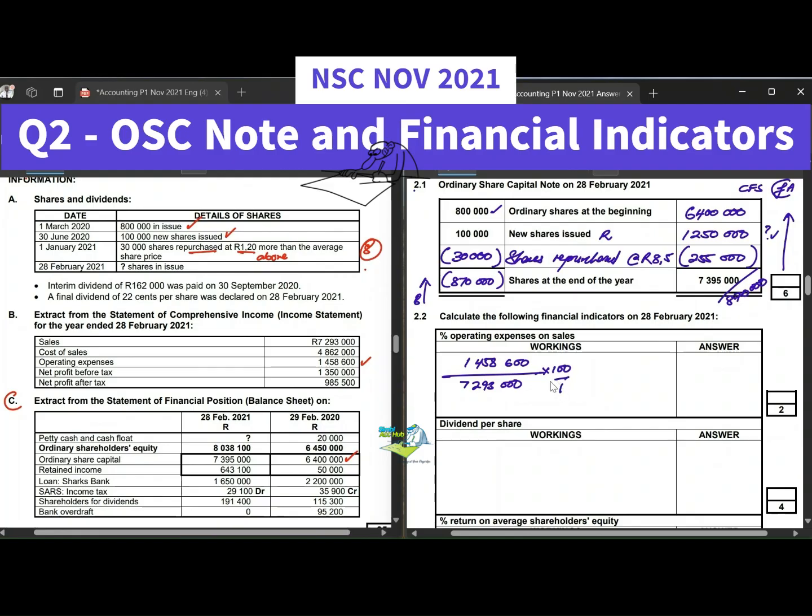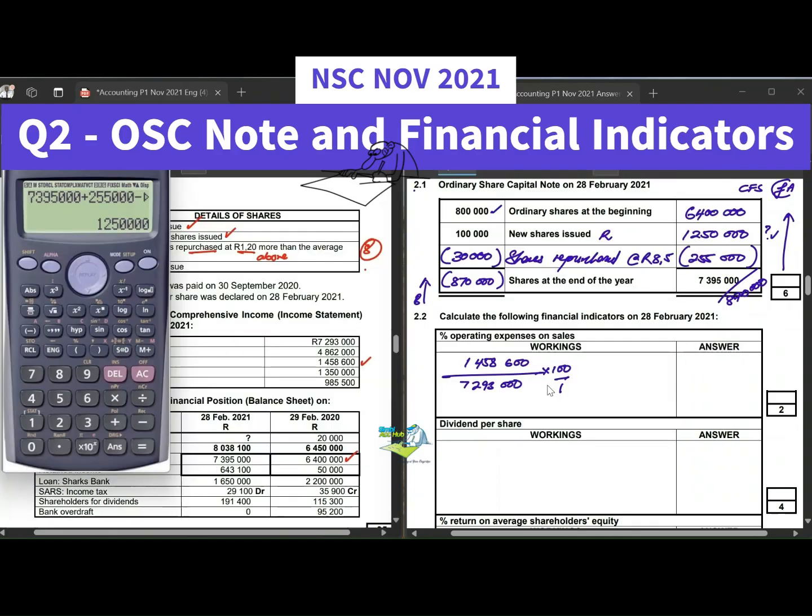So if you punch that in your calculator, you are now saying 1,458,600 divided by 7,293,000, and then that will give you your 20%. So the answer here becomes 20%. This one was an easy one.